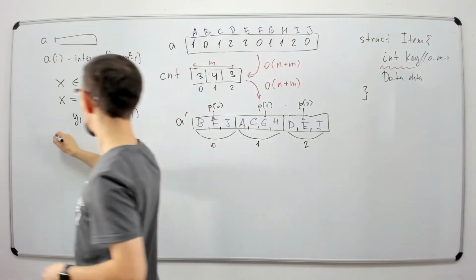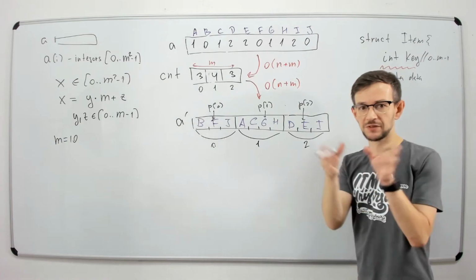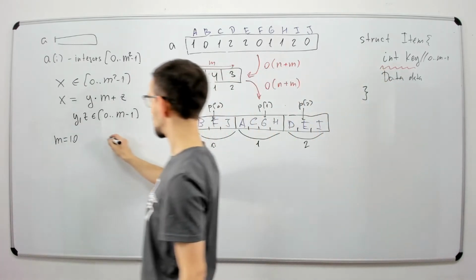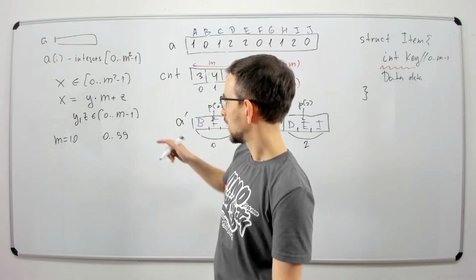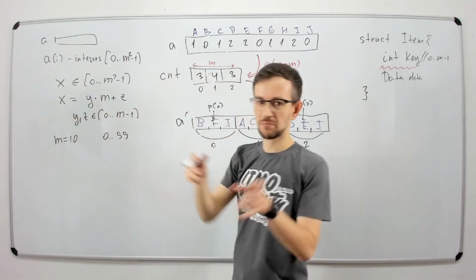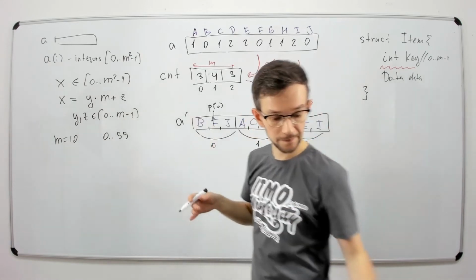For example, if m equals 10, what we're doing here is just splitting the number into two digits. We have numbers from 0 to 99, and each is split into higher digits and lower digits.